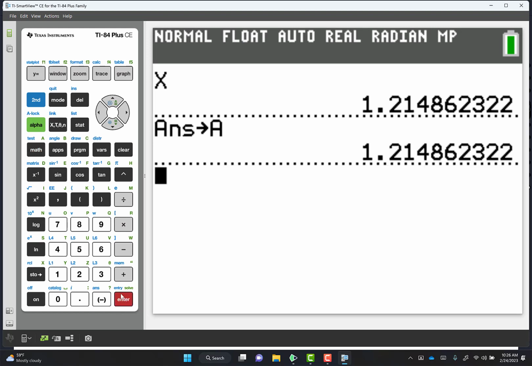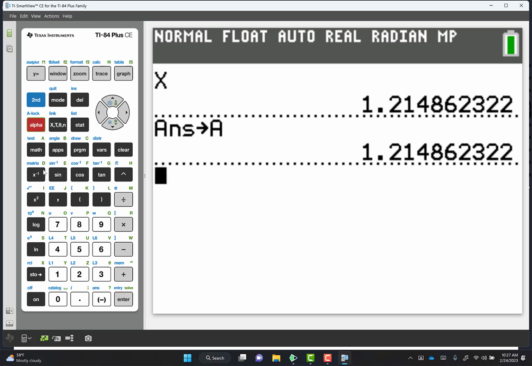Alpha A. Oh, then all you have to do is push X. Okay. I also need the Y, guys. How do I get the Y? Do you see it in green?